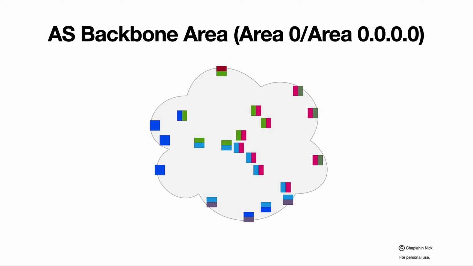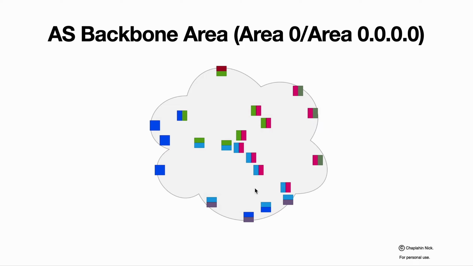And another important part is that boundary routers are part of the backbone area. This is the so-called area 0, or, because most vendors require naming OSPF areas in IP form, area 0.0.0.0. Backbone devices are devices that are part of the backbone area.